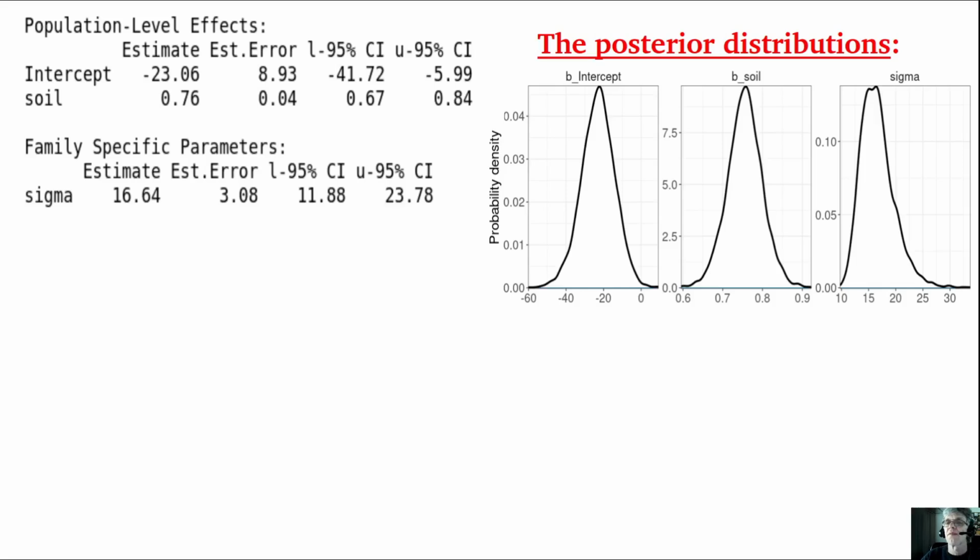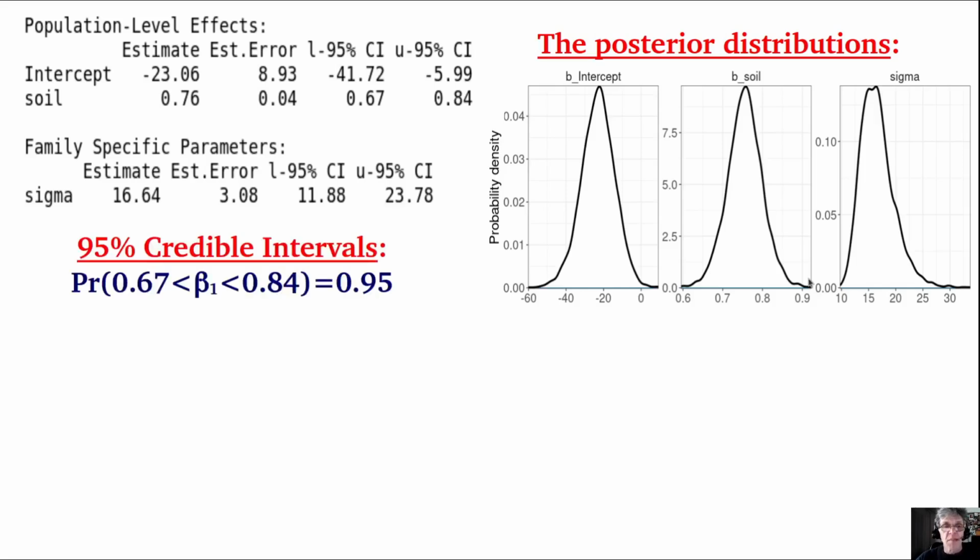So let's look first at the posterior distributions. Here are the posterior distributions of the 3 parameters. You see these are wiggly lines. These are not theoretical lines produced by some mathematical function. These were obtained by the estimation, by the joining of the 3 chains that we used.